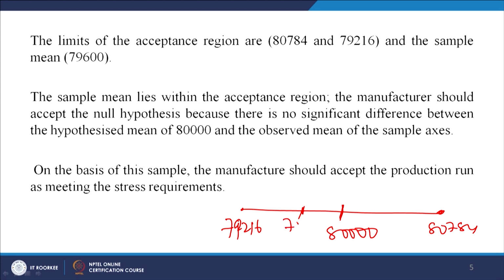So, the point is, is 79,600 in between the acceptable limits? Yes, it is within the acceptable limits, that is 79,216 and 80,784. On this basis, the manufacturer should accept the production run, because it cannot reject the null hypothesis. So, it rather accepts the null hypothesis in simple terms, and understand that mu is equal to 80,000, correct.